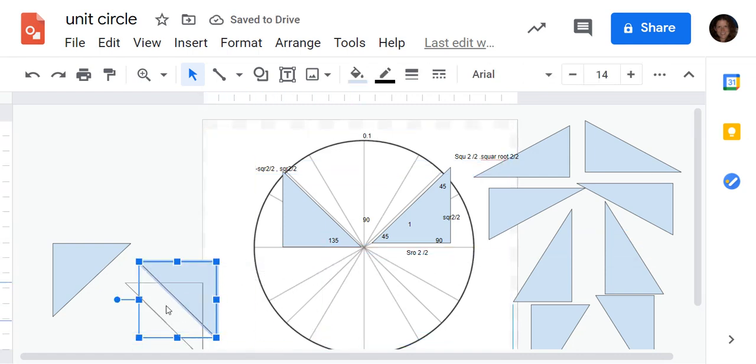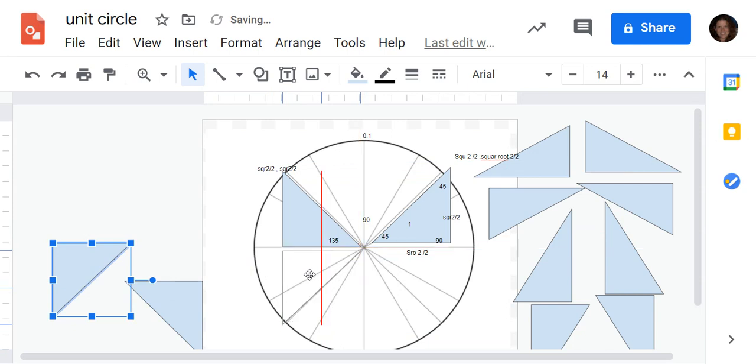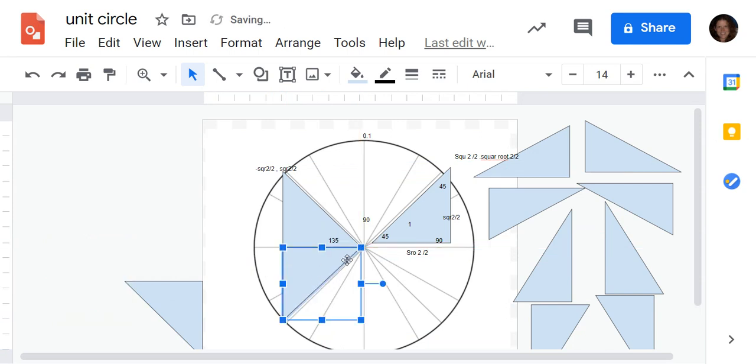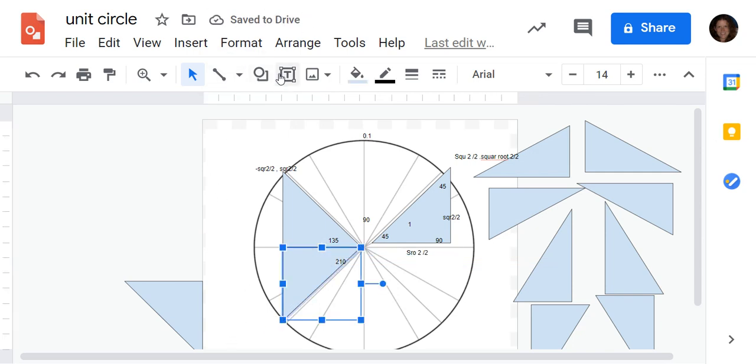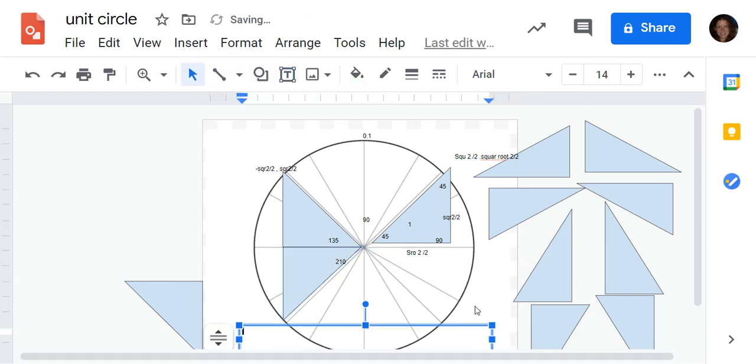Right here, instead of 135 degrees, we go 45 more and get 225. So this is 225 degrees right here. And now this is negative in all directions, so its point down here will be negative square root 2 over 2, comma, it goes down negative square root 2 over 2.